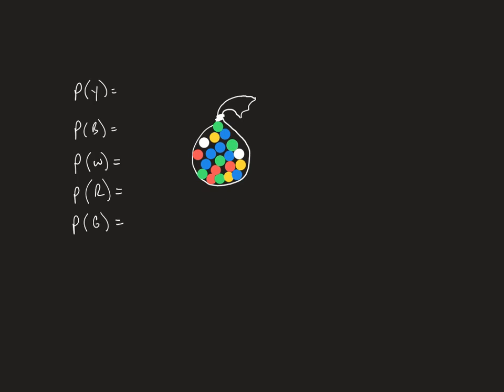And then I want to know, what's the probability of selecting a marble that is not yellow? And what's the probability of selecting a marble that is blue or green? Pause the video and try to answer these questions, and then I'm going to quickly run through the solutions here.